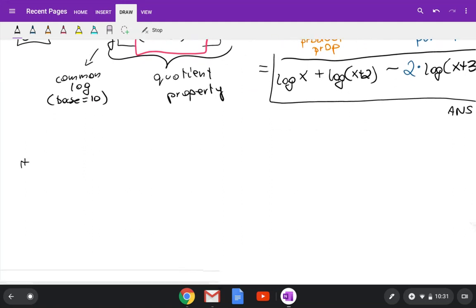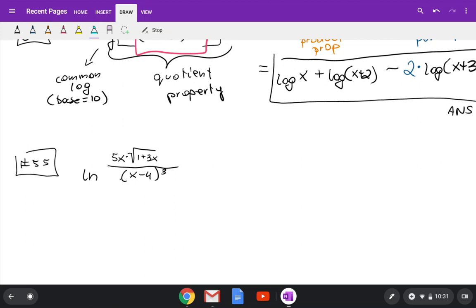Number 55, it's the last one with expanding. So we have ln of 5x times square root of 1 plus 3x, so it's a multiplication here, over x minus 4 to the third power.